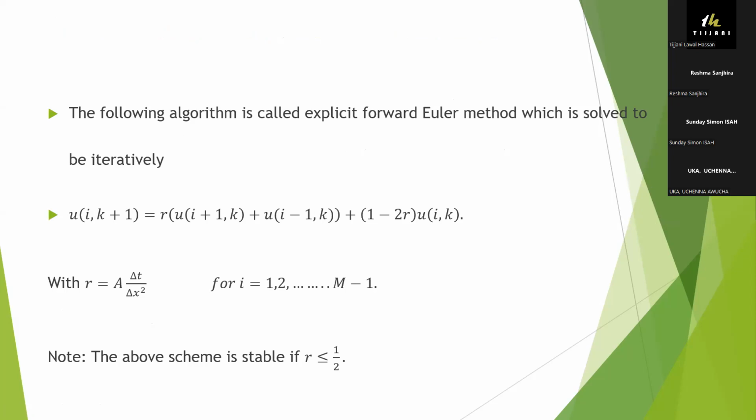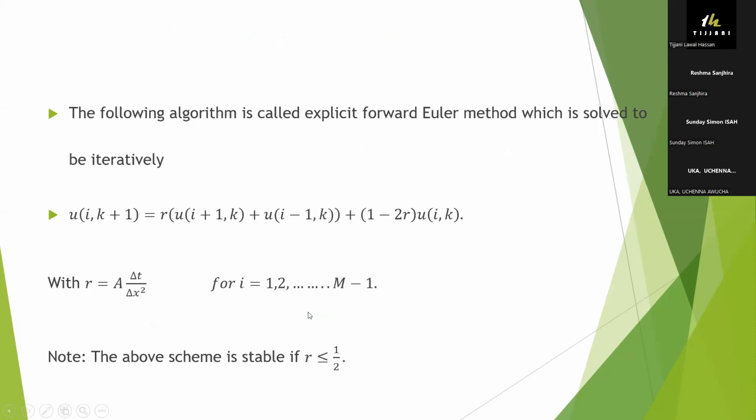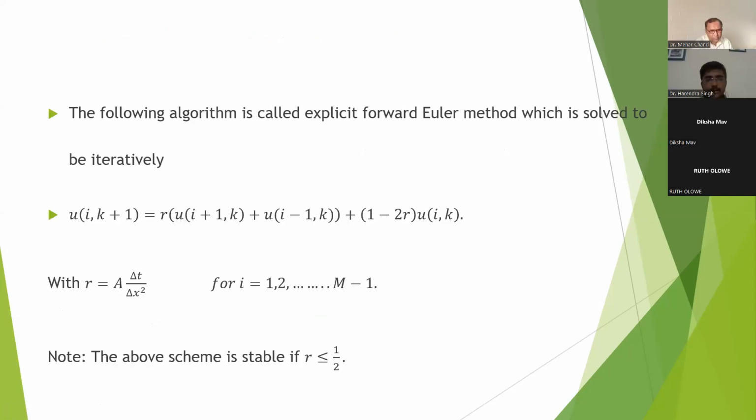So this is the relation. If you solve this one, you can move delta t here and you can get the approximation for u(i,k+1). So this is the Euler forward difference scheme.